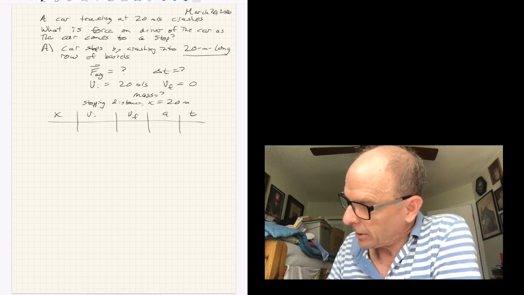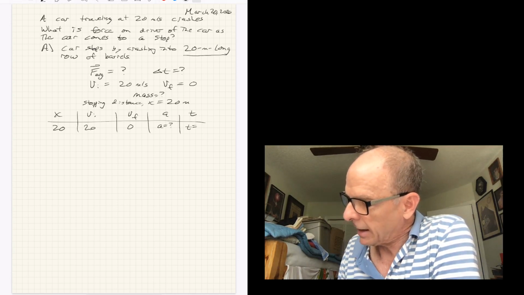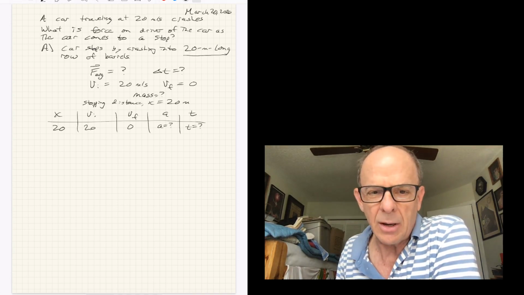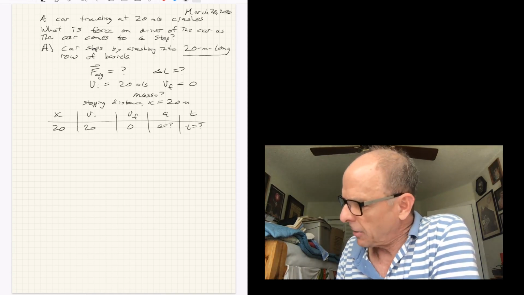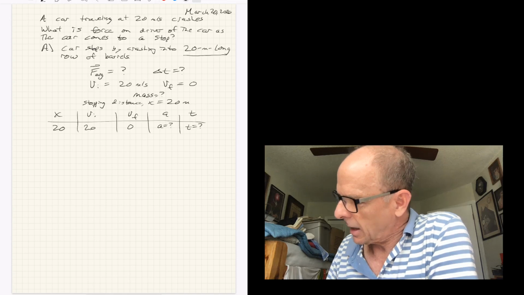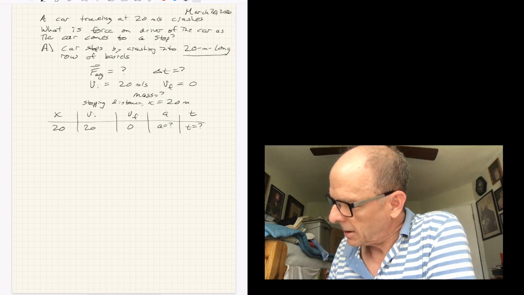The distance is 20 meters. The initial velocity is 20 meters per second. The final velocity is 0. What's the acceleration, and what is the time for that to happen? We have our 3 equations for kinematic motion. If I want to get time, what's the best one to do here?